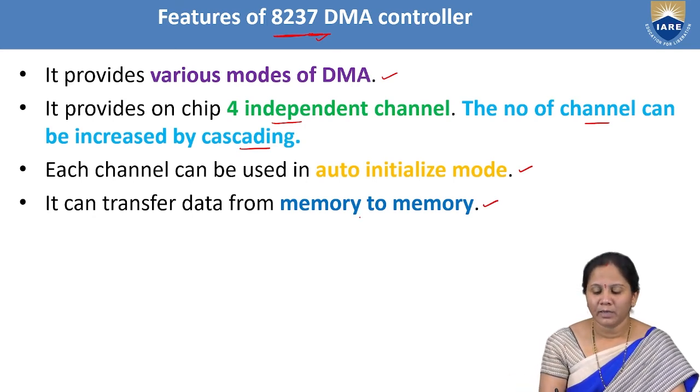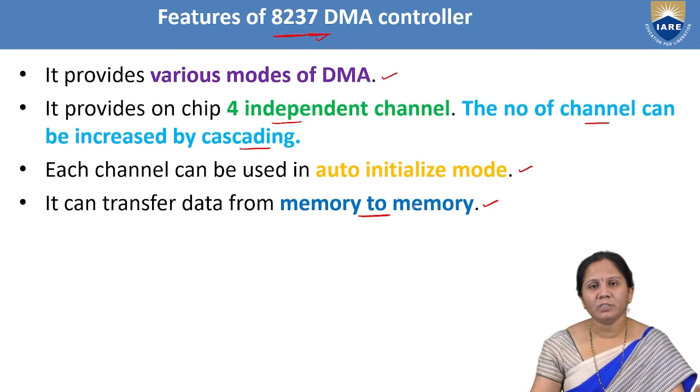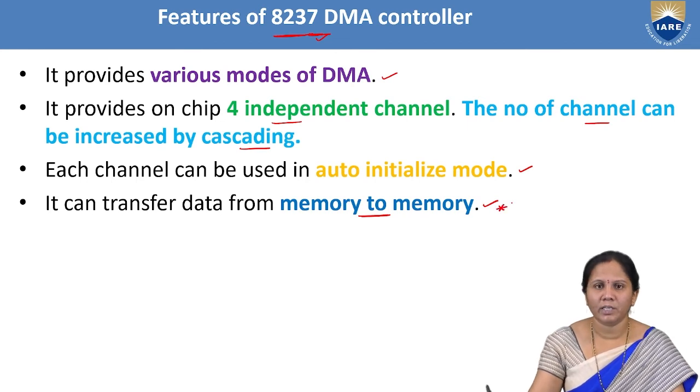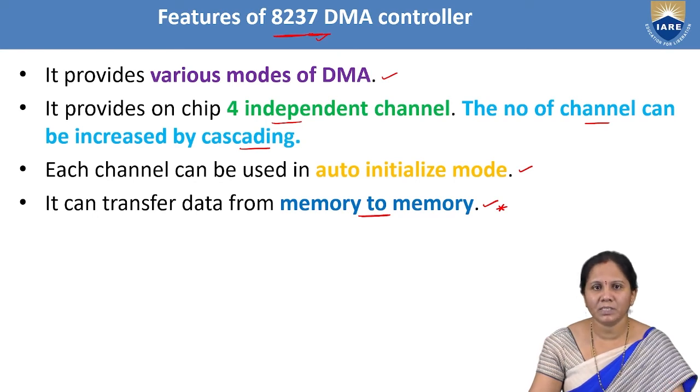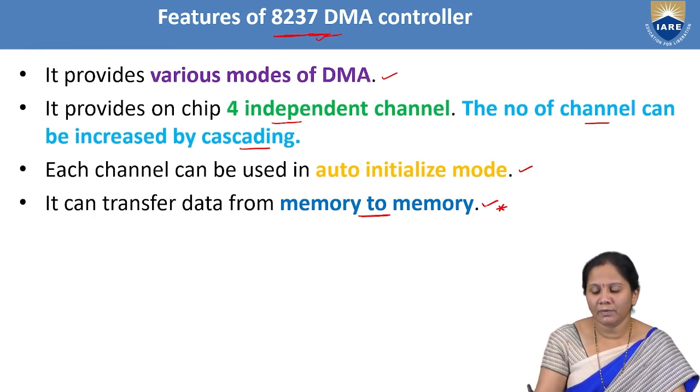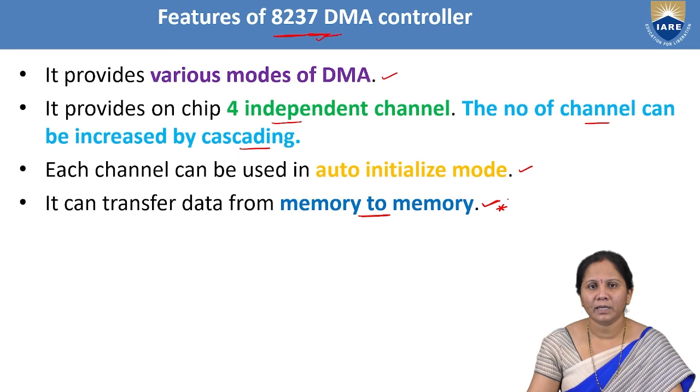But memory to memory data transfer is not possible in 8257 DMA controller. So this is the main advantage. In 8257 DMA controller, the data transfer can be performed only between IO devices and memory. But here in 8237, along with that, we can also have memory to memory data transfer.